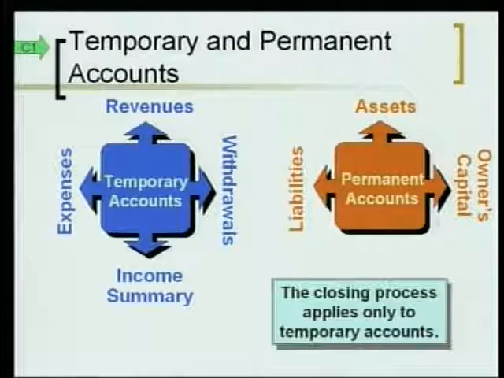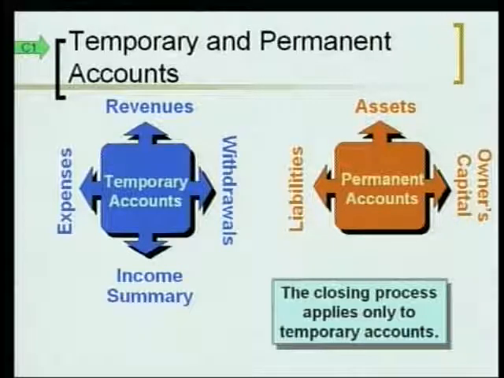Because the first step really is to identify which accounts are closed and which accounts are not. We classify accounts as either temporary accounts or permanent accounts. We only close temporary accounts. What are the temporary accounts? Well, we talked about two of them. Revenues and expenses. All revenues, all expenses are temporary accounts, okay?